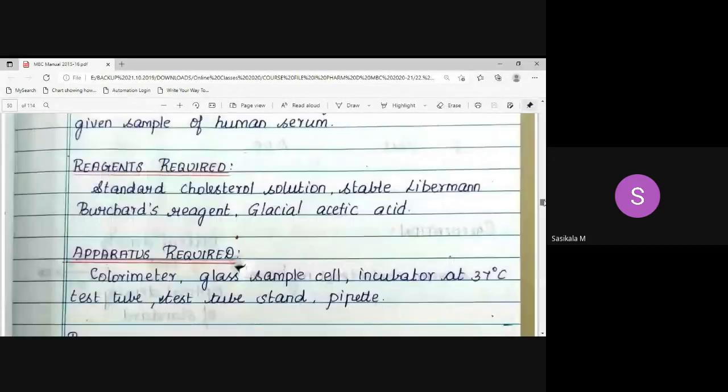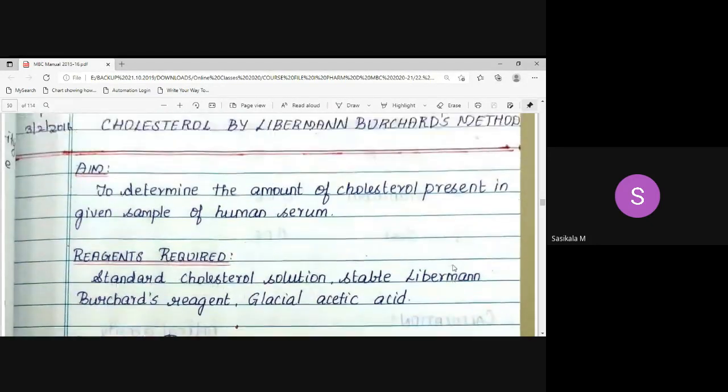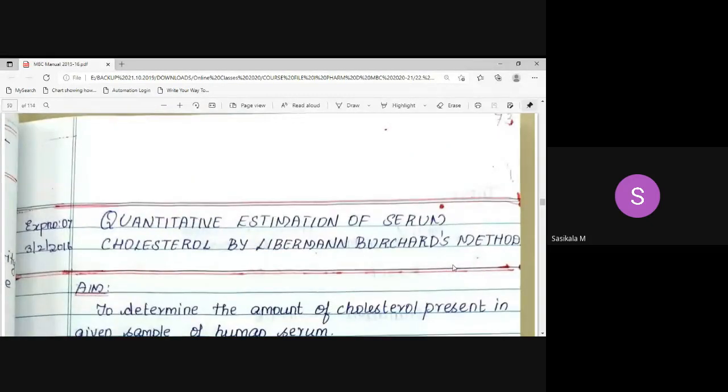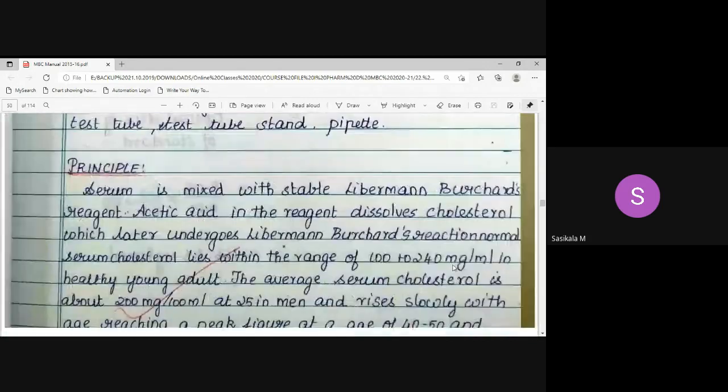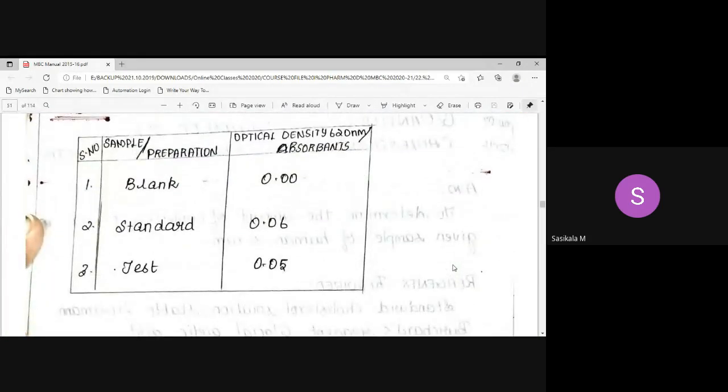Now you can find the PDF of the previous record, that is the 2015-16 batch record. It was handled by me only, so I'm sharing with you the same experiment, quantitative estimation of serum cholesterol by Liebermann Burchard's method. It is your 6th year seniors' record.